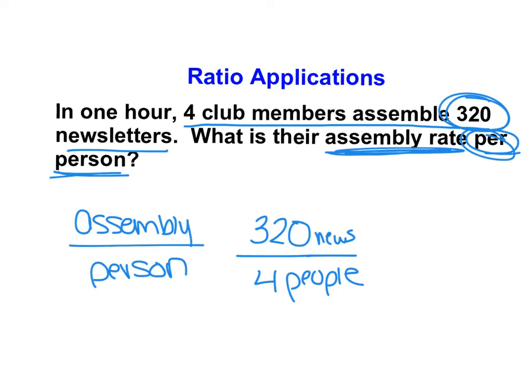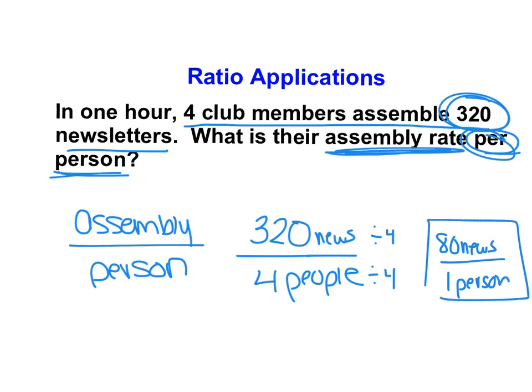So we're going to take 320 and divide it by 4, as well as 4 and divide it by 4. So 320 divided by 4 is 80 newsletters, and 4 divided by 4 is 1 person. So I can take the information that I knew and determine that if everyone is dividing up the work equally, there are about 80 newsletters being assembled by each person.